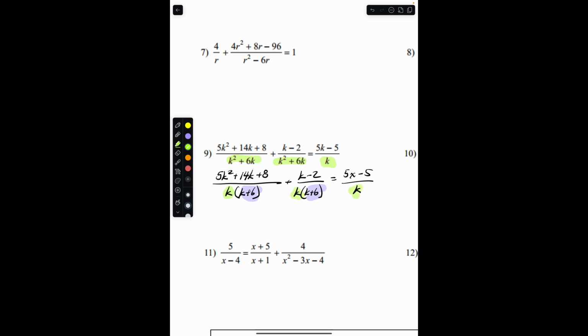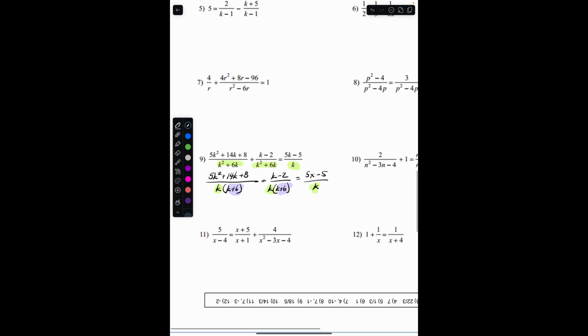So for the common denominator, I need to use every factor that I see. So my magic denominator is going to be k times (k plus 6). To solve this equation, I need to multiply everything that I see times k times (k plus 6).